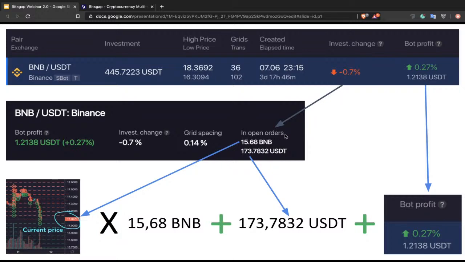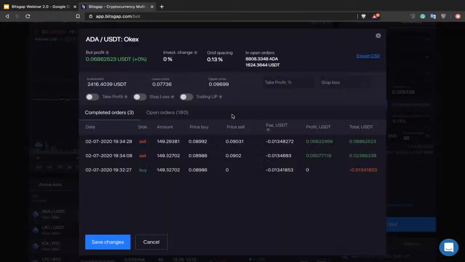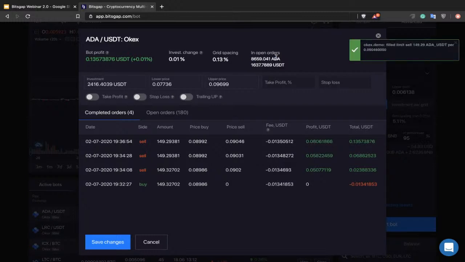So simply to figure out how we calculate this, when you click on View, you see how many of the base currency is now active in your open orders and how many of the quote currency is now also active in this particular strategy.